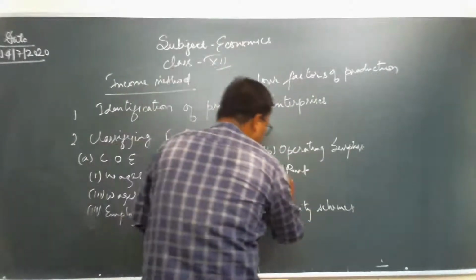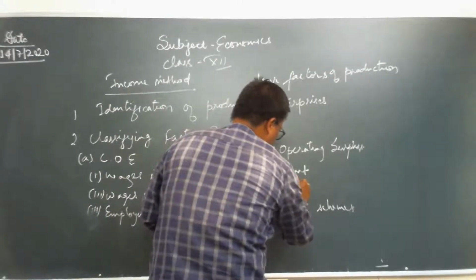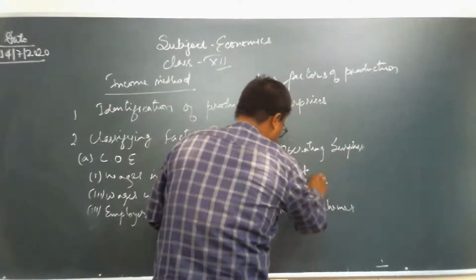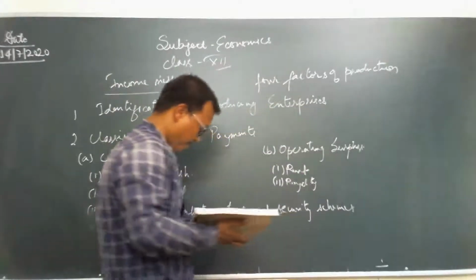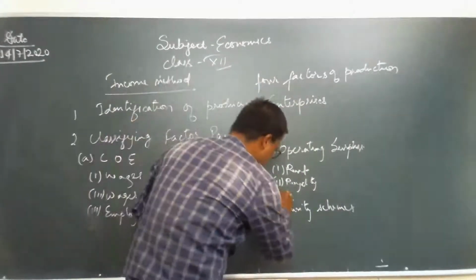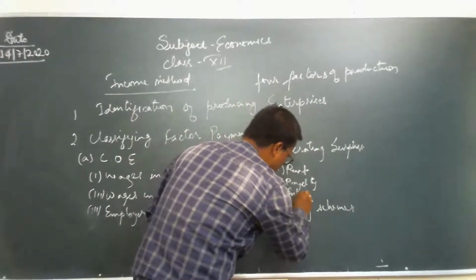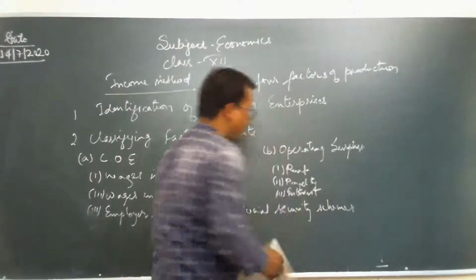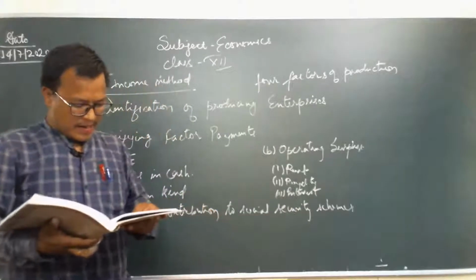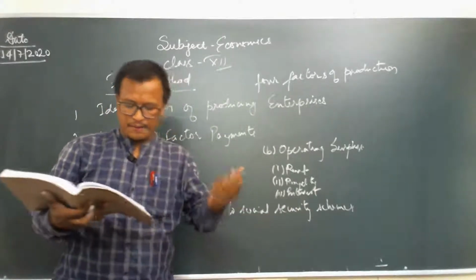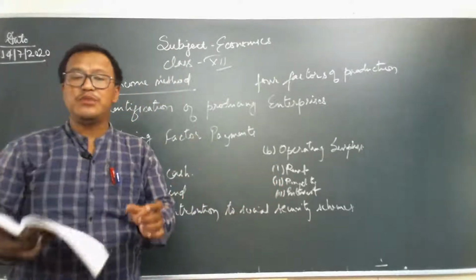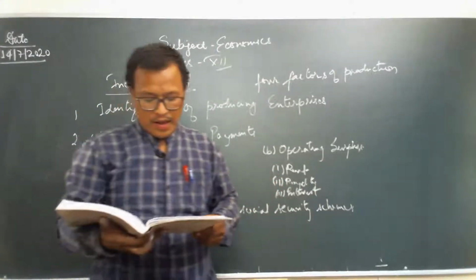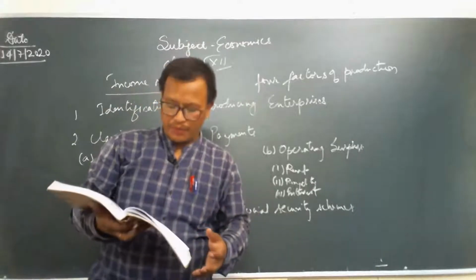Second is royalty, interest, and profits. Now let us say, rent. Rent is a factor income generated from ownership of land and building.